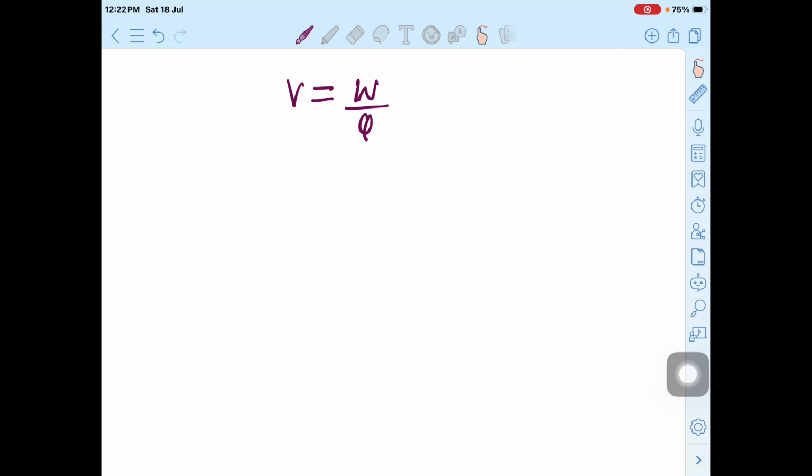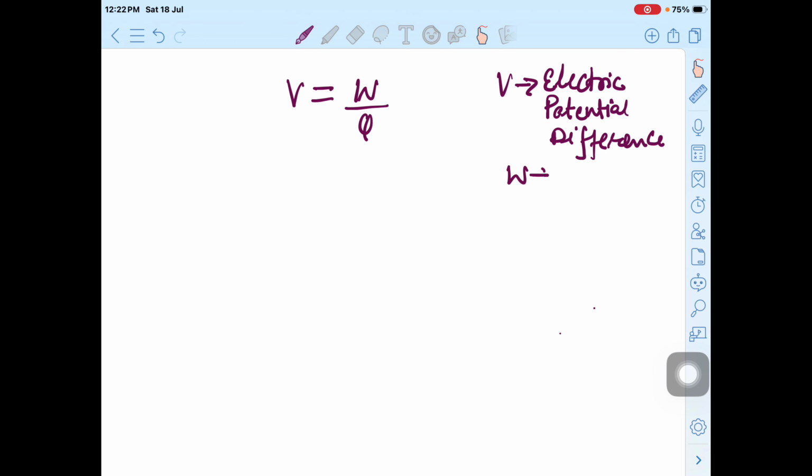Here V is the electric potential difference, W is the work done, and Q is the unit positive charge.